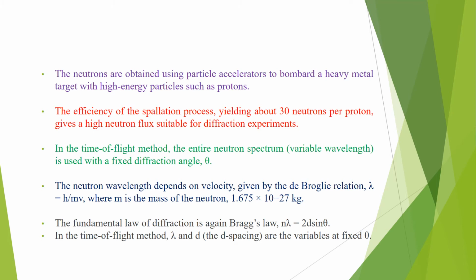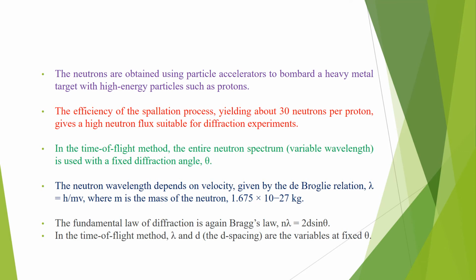The efficiency of the spallation process yields about 30 neutrons per proton. That gives a high neutron flux suitable for diffraction experiments. In the time of flight method, the entire neutron spectrum of variable wavelength is used at a fixed diffraction angle theta.